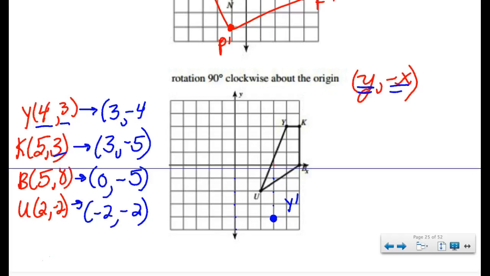This is my new Y. This is my new K. This is my new B. And my new U is at negative 2, negative 2. And when I connect them, I get the exact same figure. It's all just been turned in a 90-degree turn about the origin. It's all gone 90 degrees in that direction.